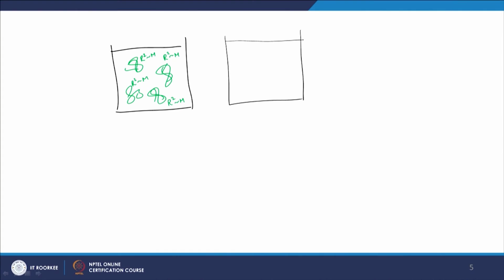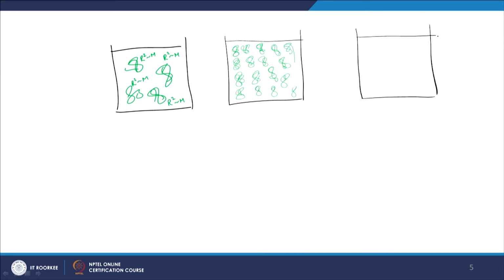So, what we can imagine is that there will be a situation where the polymer chains are sufficiently close together yet not overlapping at certain concentration, and then after this point if I go to even higher concentrations, then the polymer chains will start to overlap, and then what we have is essentially an arrangement where you cannot differentiate where one chain ended, another chain started, like what you see in a noodle.